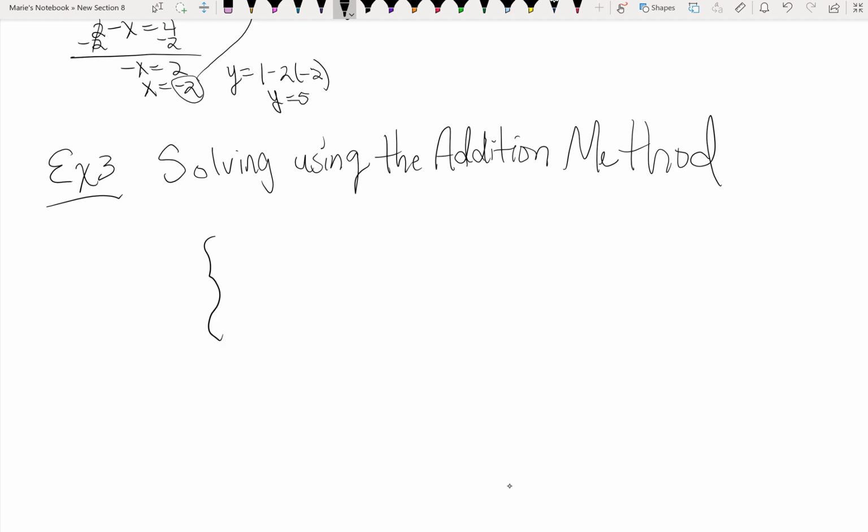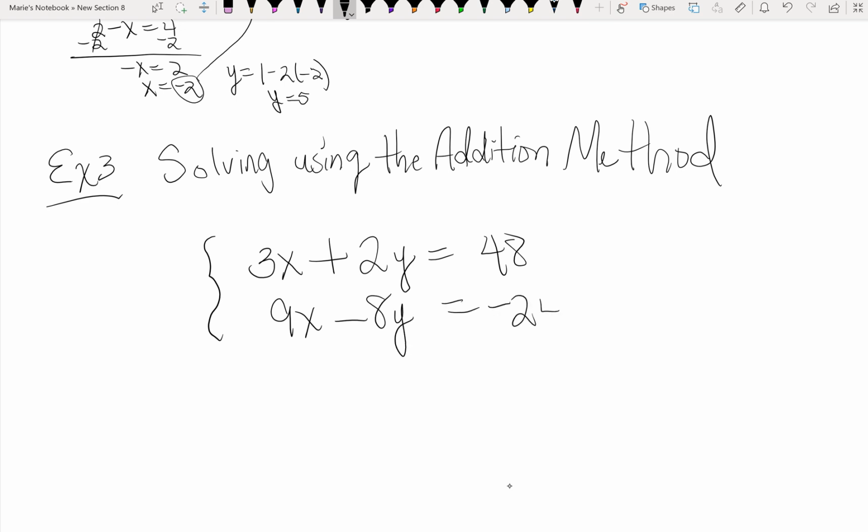They're giving us a system where we have 3x plus 2y is equal to 48, and here we have 9x minus 8y equals negative 24. So this is looking good.